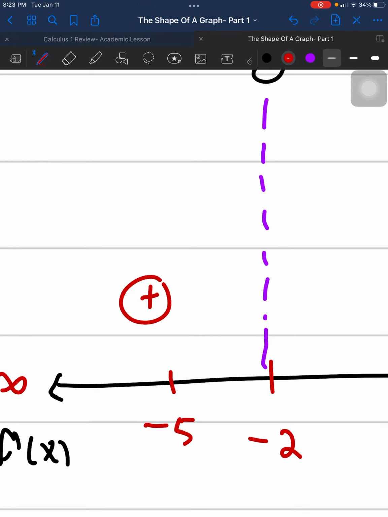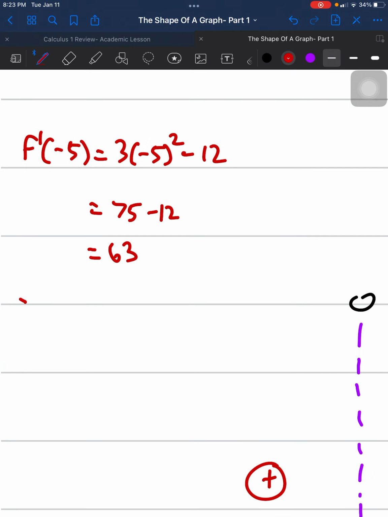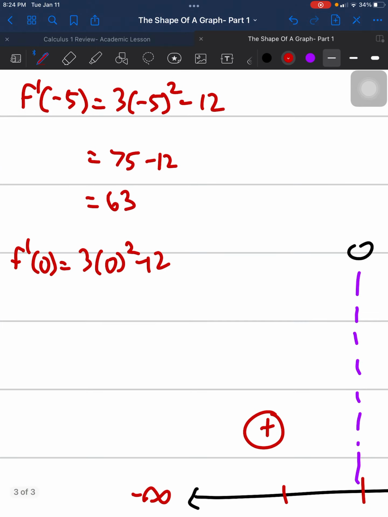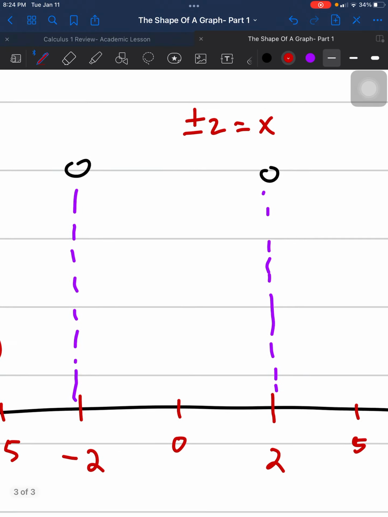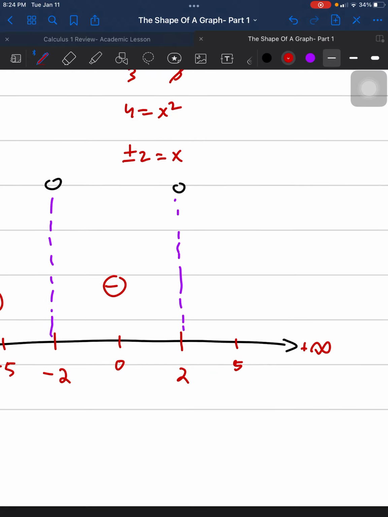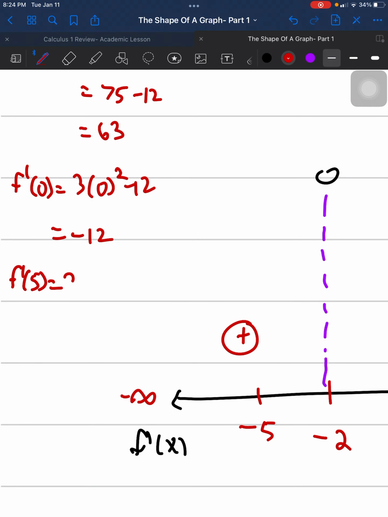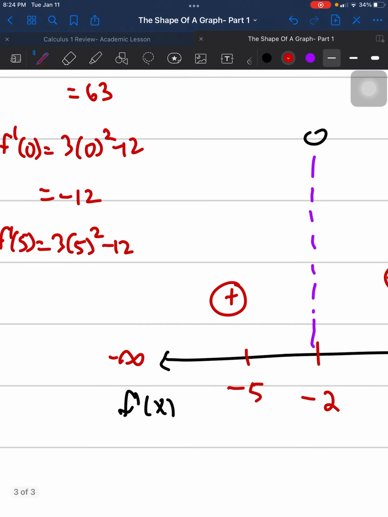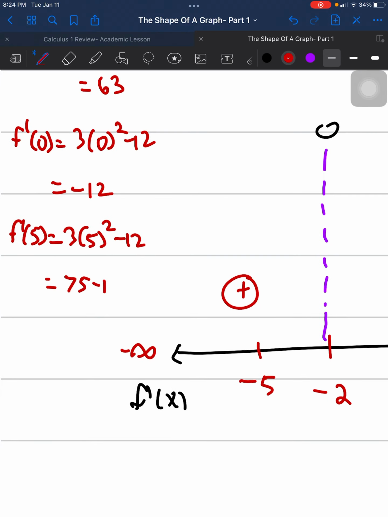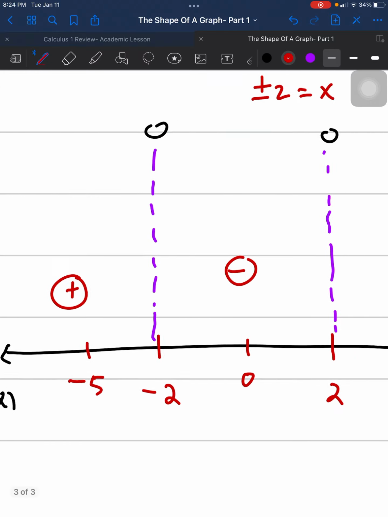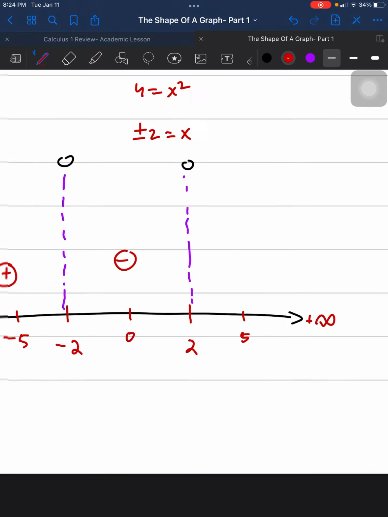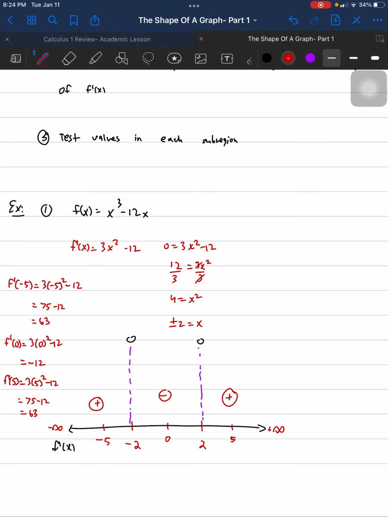So between negative infinity and -2, the derivative is positive. Now for f prime of 0, 3 times 0 squared minus 12, we get negative 12. So between -2 and 2, the derivative is negative. And between 2 and infinity, the derivative is also positive.